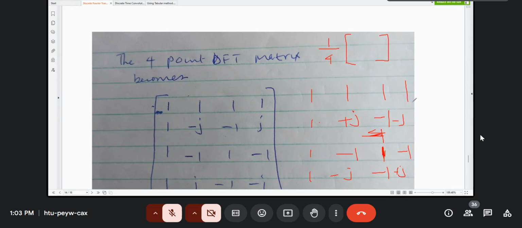This is now the 4-point IDFT matrix. Does anybody have a problem with how we derived that 4-point DFT matrix? And you can derive it for any n. Is that okay?